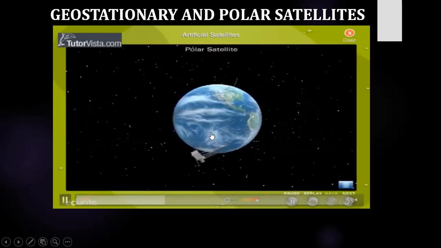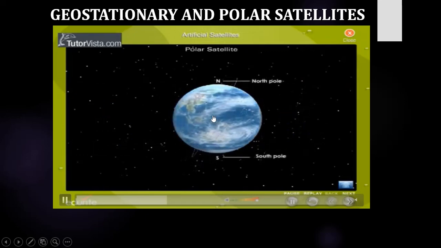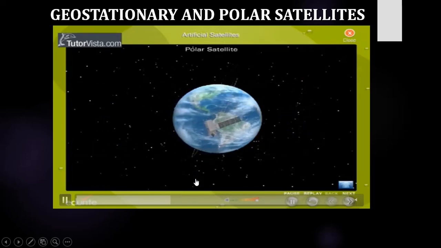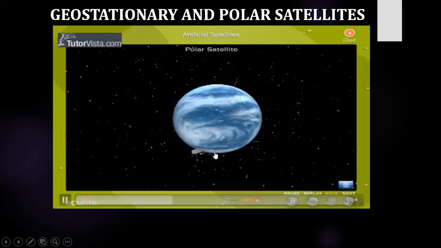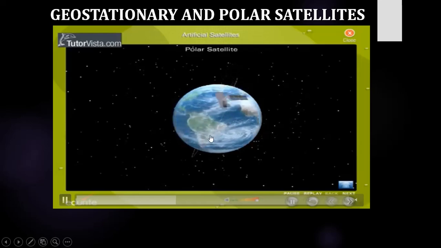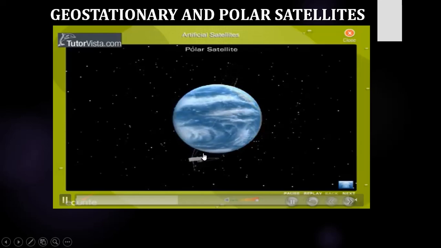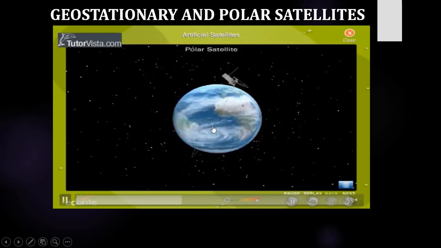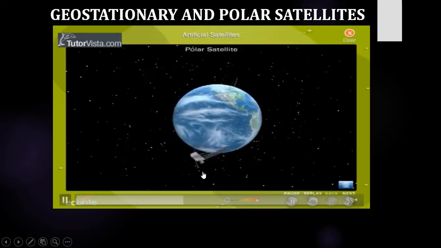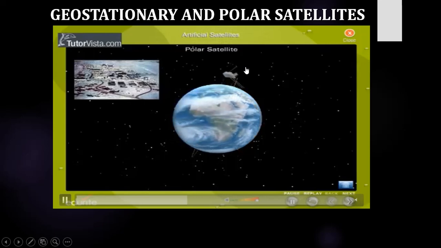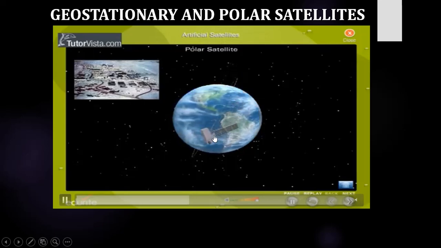Observe the polar satellite also. It is rotating from north pole to south pole in a vertical plane. It will take approximately 100 minutes to complete one revolution, and the height of this polar orbit is around 500 to 800 kilometers from the earth surface.